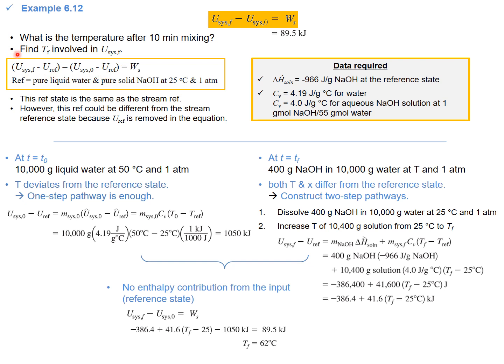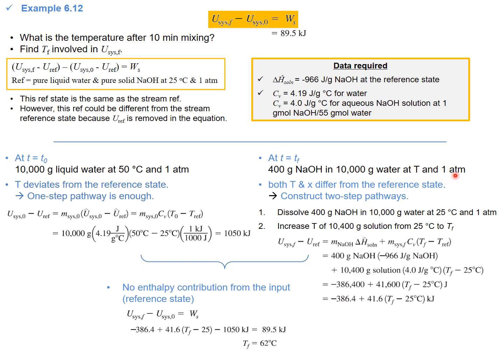Then let's go to the first term on the left hand side of the equation. At time equal to tf, final time, or 10 minutes, then 400 gram sodium hydroxide in 10,000 gram water at unknown temperature and 1 atm.